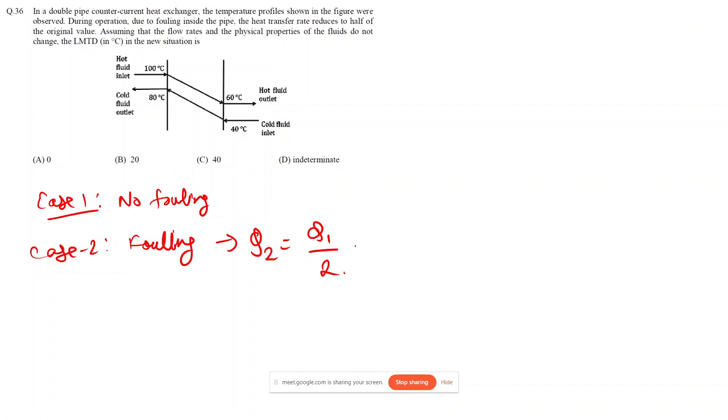Now Q1 is the heat change across any of this hot fluid or the cold fluid, so that we can write it as M1 CP1 delta T or M2 CP2 delta T, where delta T is the temperature change across this hot fluid or the cold fluid. For case 2, the inlet conditions will remain same.